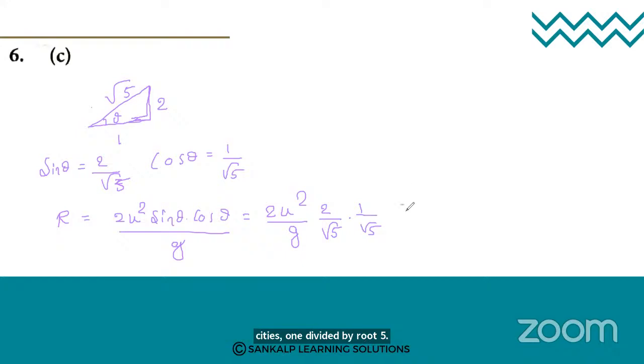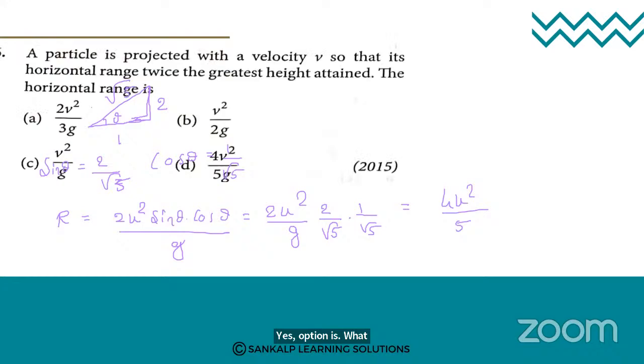So which is equal to what we are getting? 2 into 2 becomes 4u square divided by 5. Option D we are getting in the answer, students.